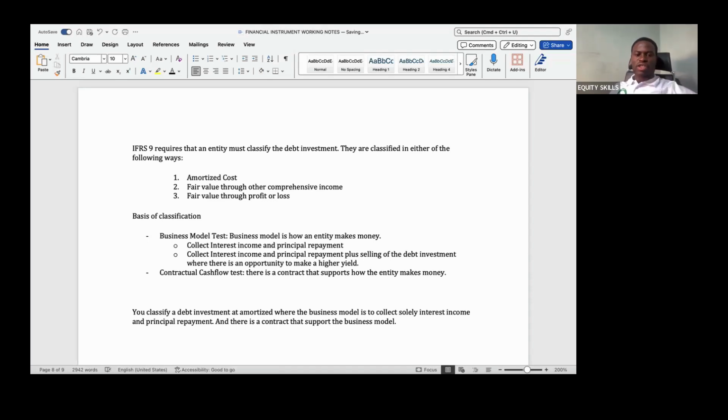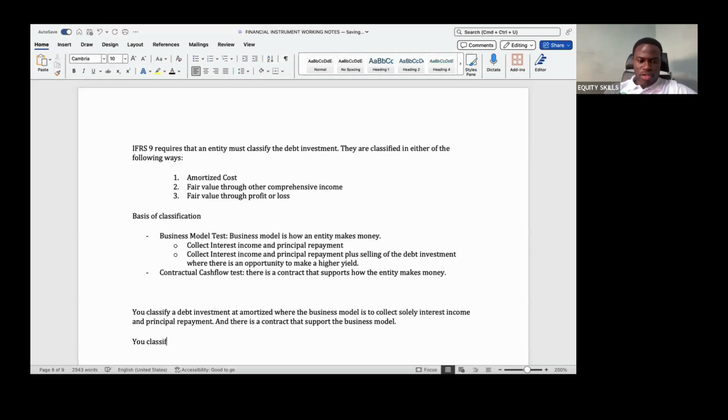So for amortized cost, it's this basis. Your business model is to collect interest and principal, and there is a contract that supports that business model.